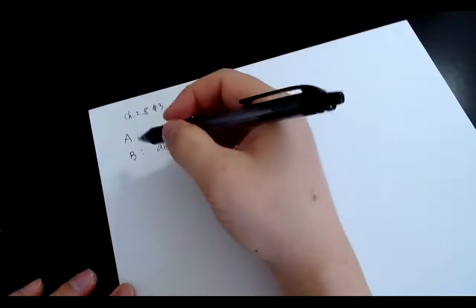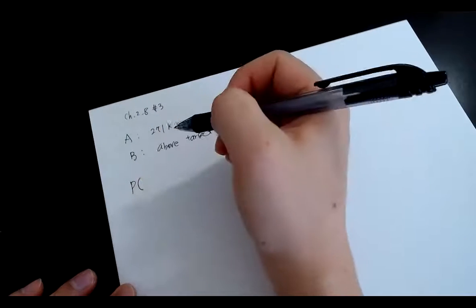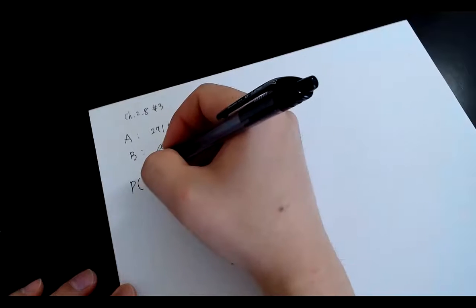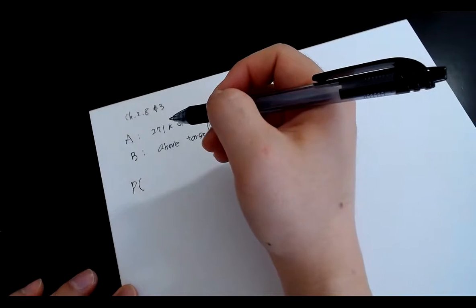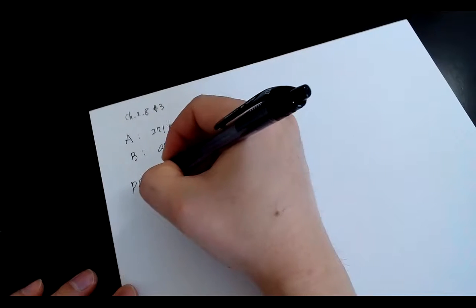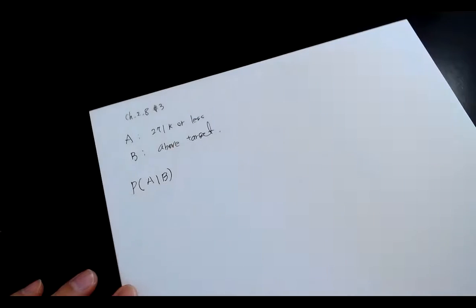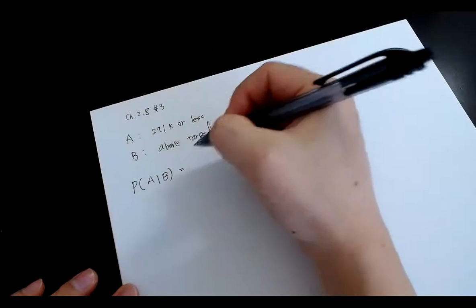So now what are we going to do? We need to find the probability of A given that B. That's it. So what's the definition of conditional probability?